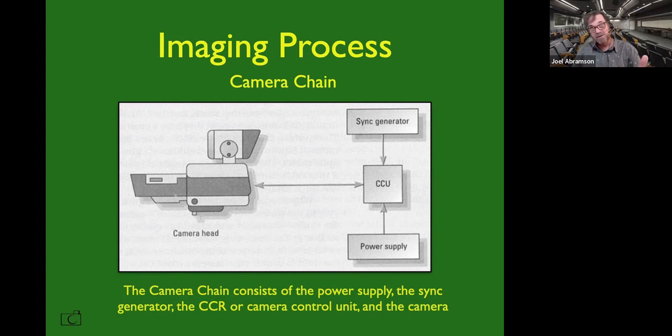Your camera has to be in sync internally, but if you're running another camera with it, and we're running 3 cameras in the studio, those cameras have to be in sync. All right. So their beams have to be at precisely the same point on each camera at the same time. They have to be at the same point in the scan, in that progressive scan. And so do the pictures, so do the monitors. All right. So everything has to be in sync, and that happens with a sync generator. And if you're not in sync, then you get picture roll and all sorts of crazy things that can happen there too.